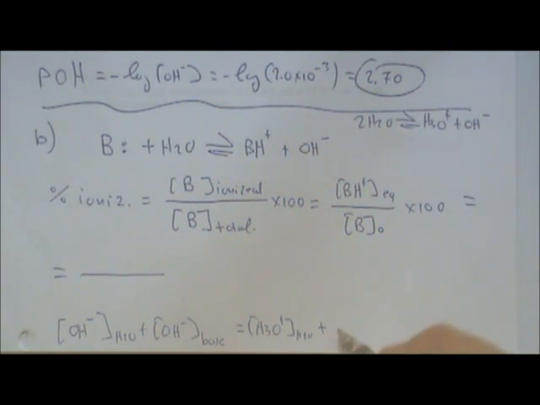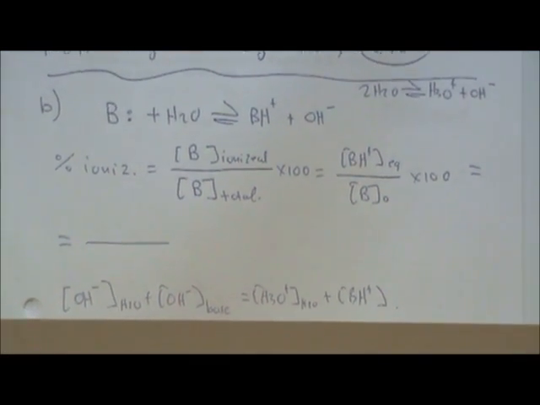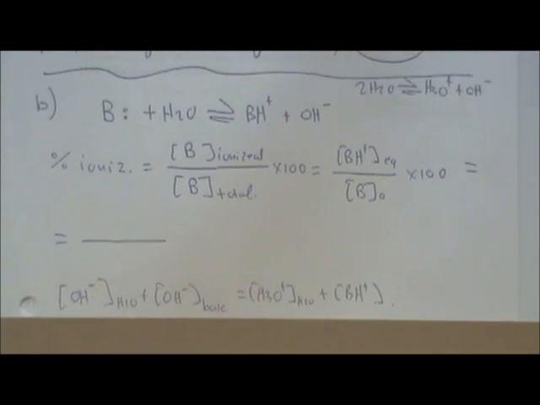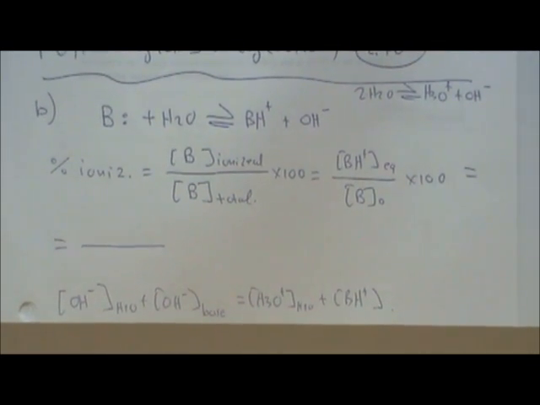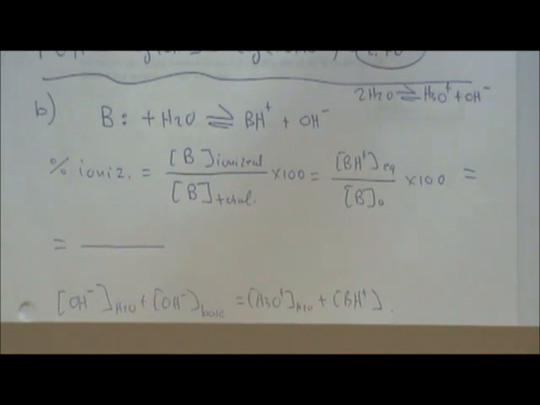This equation actually gets a little bit complicated if you have charges. If it was a minus 3 here, let's say it was phosphate, then you would multiply it by 3. This is an easy thing because they're all single charge. But if the ions have minus 2, or minus 3, or plus 2, then you multiply this concentration by that coefficient. Think about it. In this case, we don't need to multiply it.